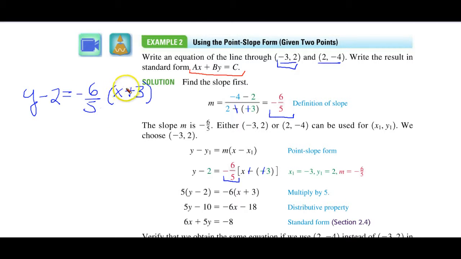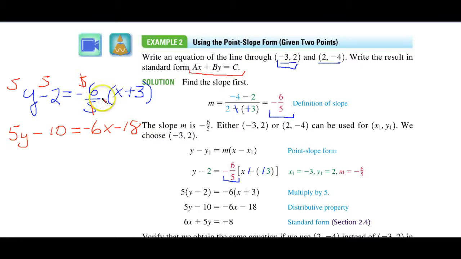Again, this is just one term. We're going to multiply each term by now 5, which is the common denominator here. Now over here it just cancels out. So that's where we get 5y now. We have to multiply that, 10, equals, now here this is a negative 6, this becomes a negative 6x. This is a negative 6 plus 3, a negative 18.